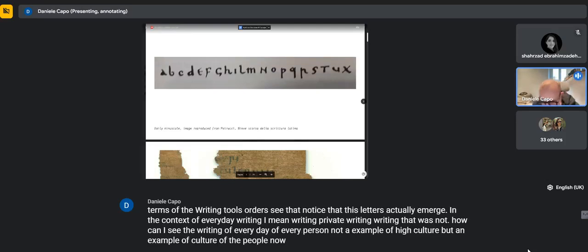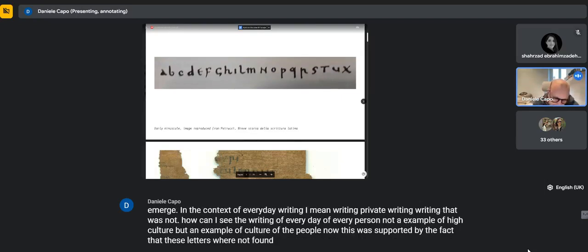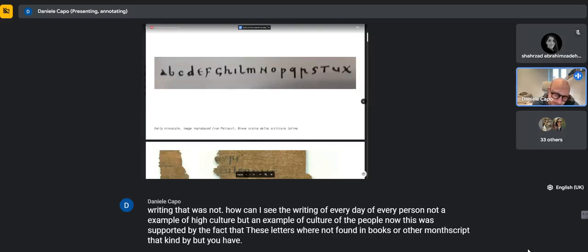This was supported by the fact that these letters were not found in books or other manuscripts of that kind, but you can find them in graffiti on walls and such.